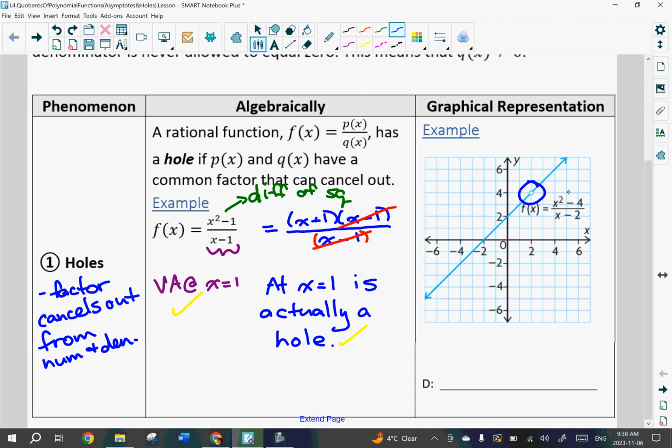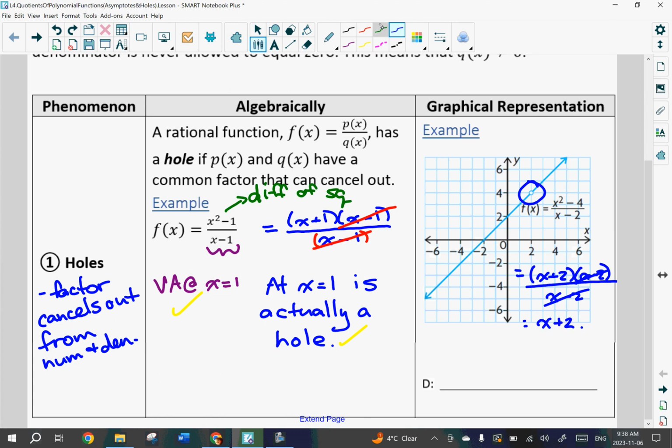So for this example over here, we've got the graph of x squared minus 4. Again, another difference of squares. So let's look at that algebra. That would be x plus 2, x minus 2, all over x minus 2, and we're left with the graph of x plus 2.